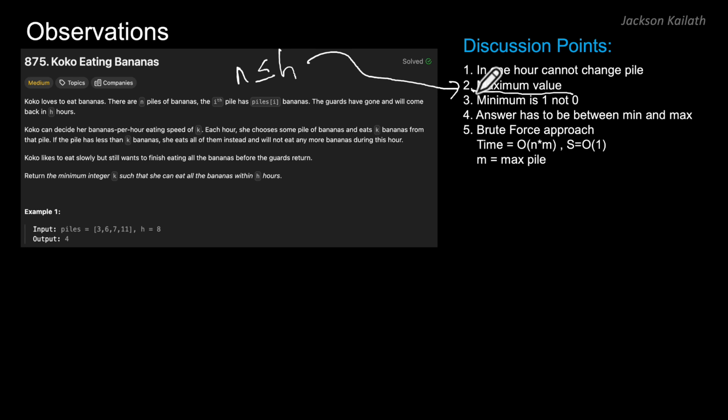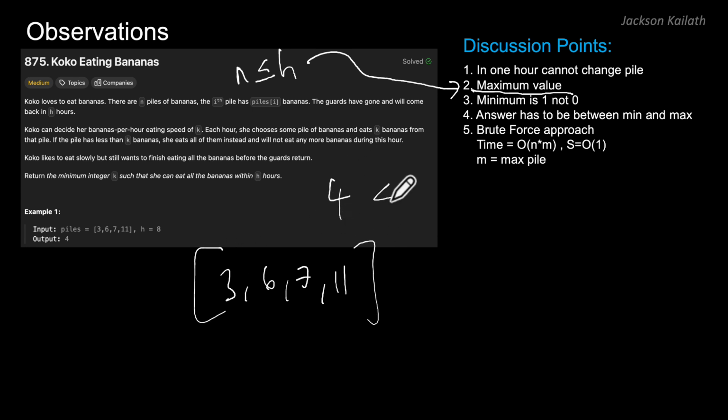Again, let's take this example over here. We have 3, 6, 7 and 11, and the size of the piles array over here is 4, and that's less than or equal to 8. This is true for it, right? And again, this has to be the case because only then she would be able to complete all the bananas.